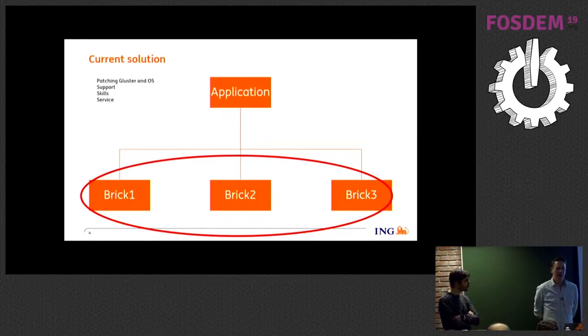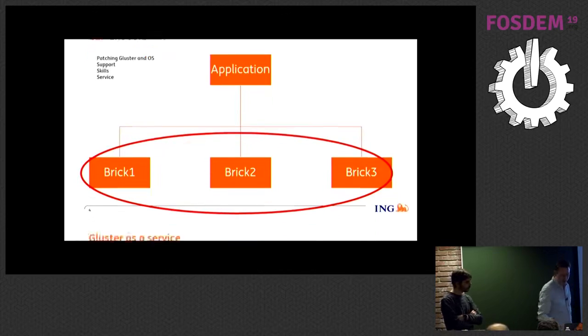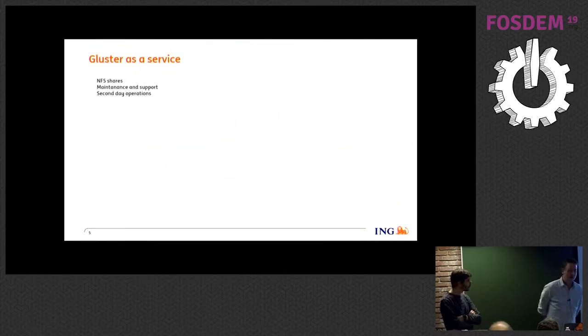Very often they're lacking the skills or they just don't want to do their own support and maintenance. So we thought of another solution, and that is Gluster as a service, where we will be delivering NFS shares via a web portal. We do the maintenance and support of the underlying Glusters, and the clients can do second-day operations like extending a volume, etc., via the same web portal.